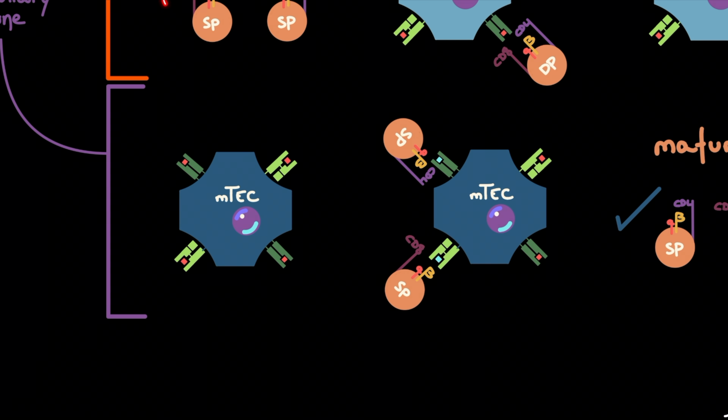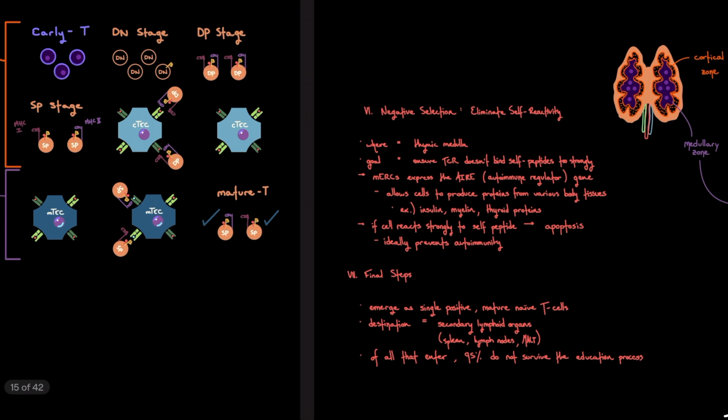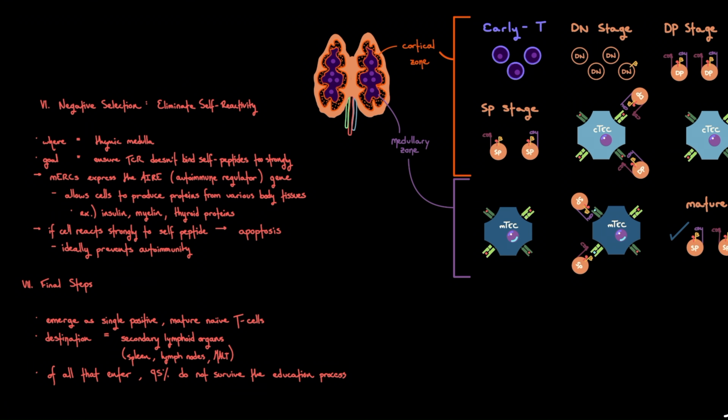Now, after we decided we were single positive, we go on into the medulla, and we have the medullary thymic epithelial cells. Now, these also have MHC1 and MHC2 hanging off of their membranes, but they have something else going on here. So let's look. Now we are in negative selection territory. The medulla is going to handle determining if we're self-reactive.